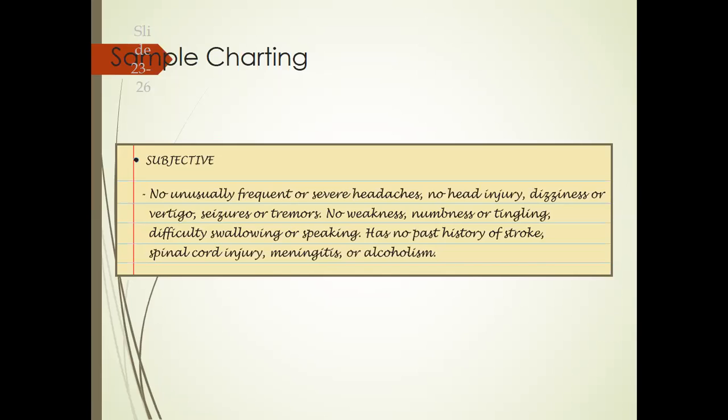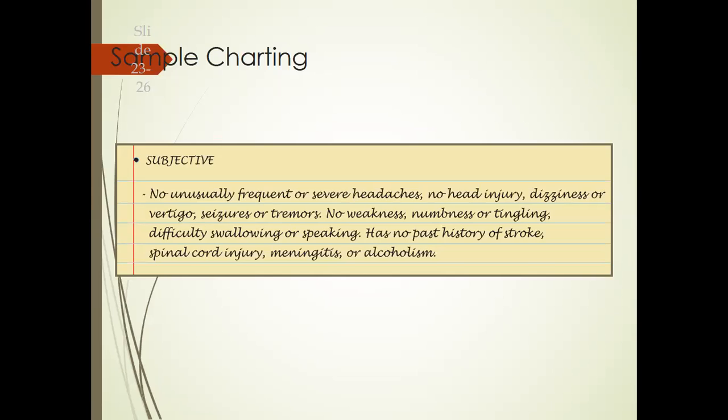This is the subjective, and you can see we can write: no frequent or severe headaches, no head injuries, dizziness or vertigo, seizures or tremors, no weakness, numbness or tingling, difficulty swallowing or speaking, no past history of stroke, spinal cord injuries, meningitis, or alcoholism.